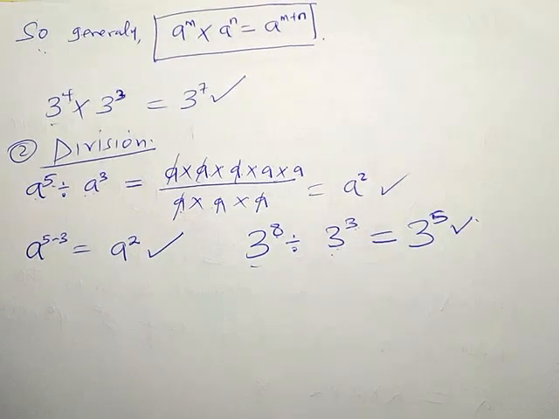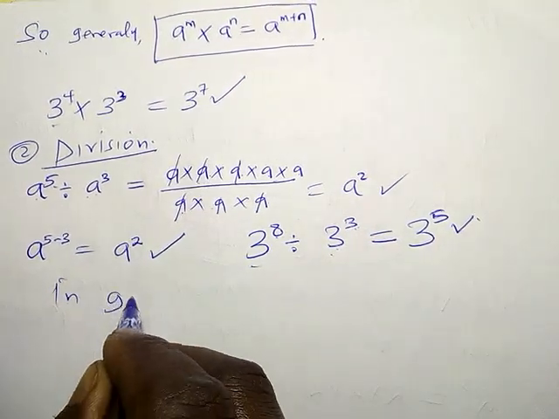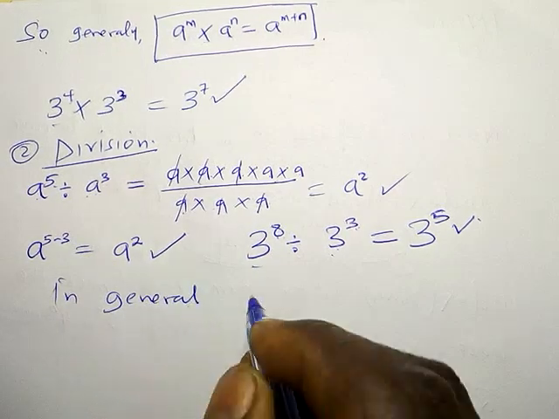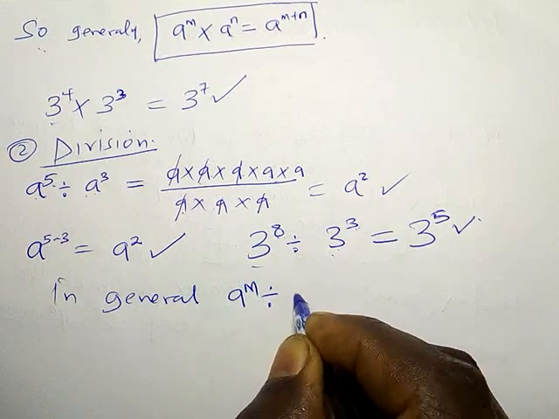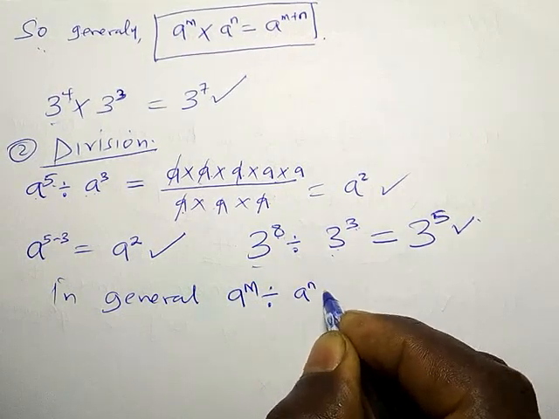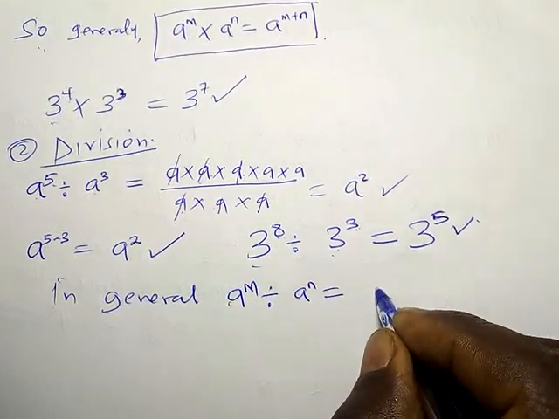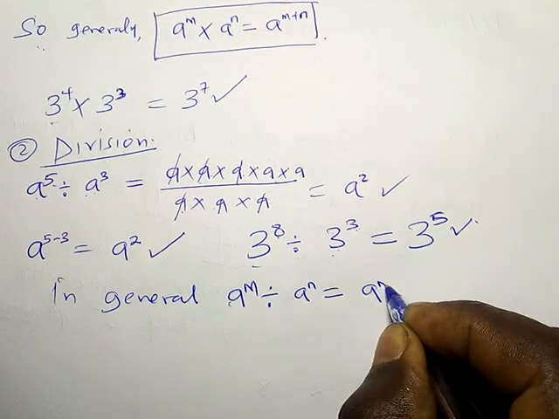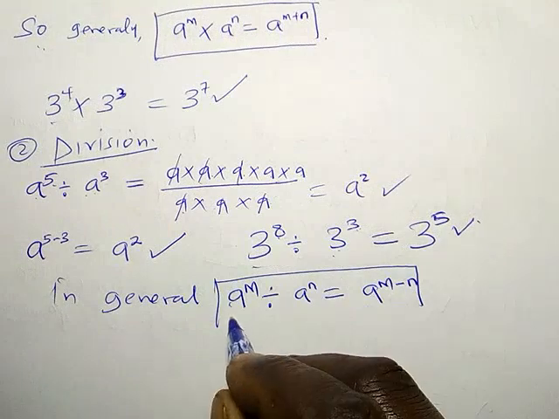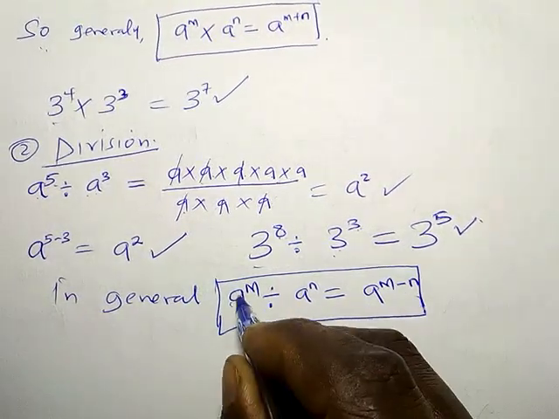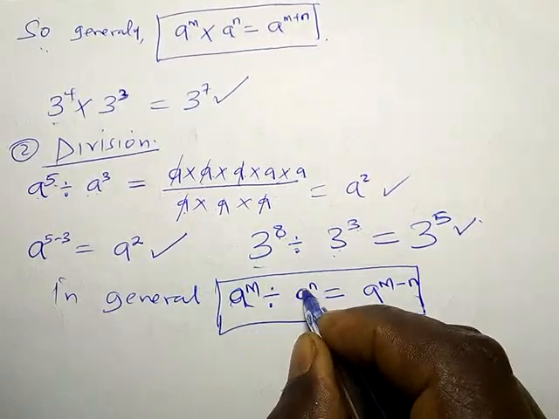So in general, a raised to power m divided by a raised to power n, the answer is you pick a and then m minus n, and that is rule number 2. This is a, not 9.